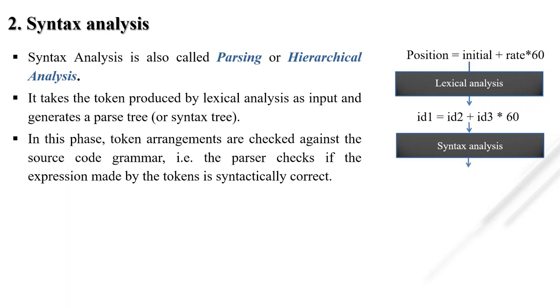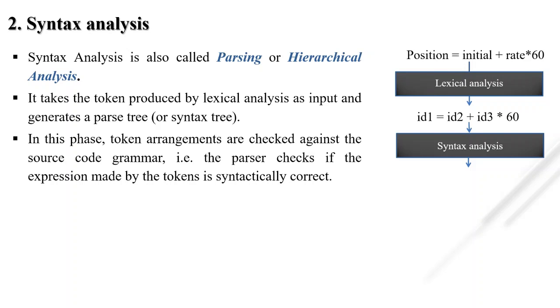Suppose I write 1 plus 2, then an error occurs. This type of error is detected by syntax analysis because every operator has 2 operands, but in 1 plus 2 there are 2 operators and only 2 operands. When the parser wants to generate the tree, the error is detected.